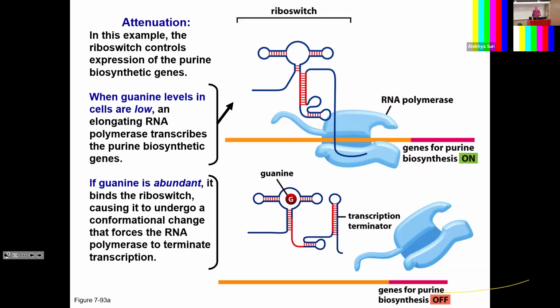The end product interacts with the RNA, and the RNA can form secondary structures; the end product changes this structure, which causes the removal of the RNA polymerase from the DNA. This is called attenuation.